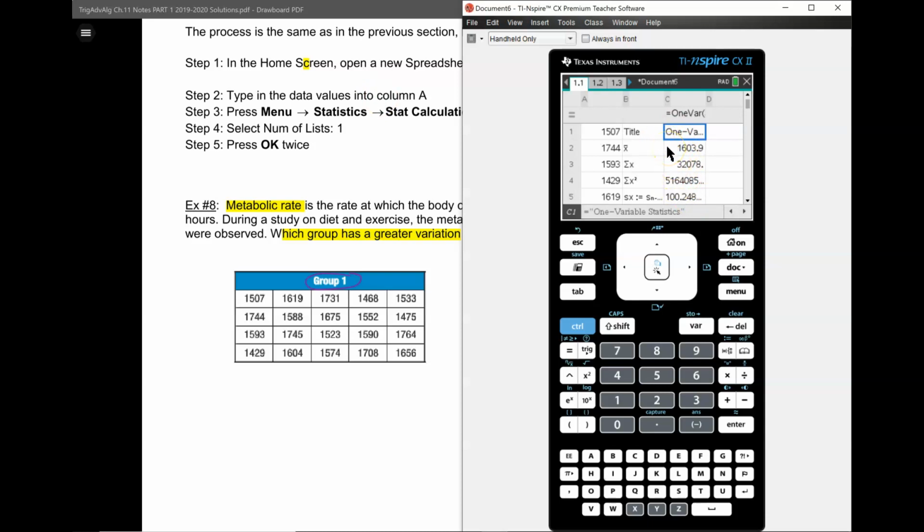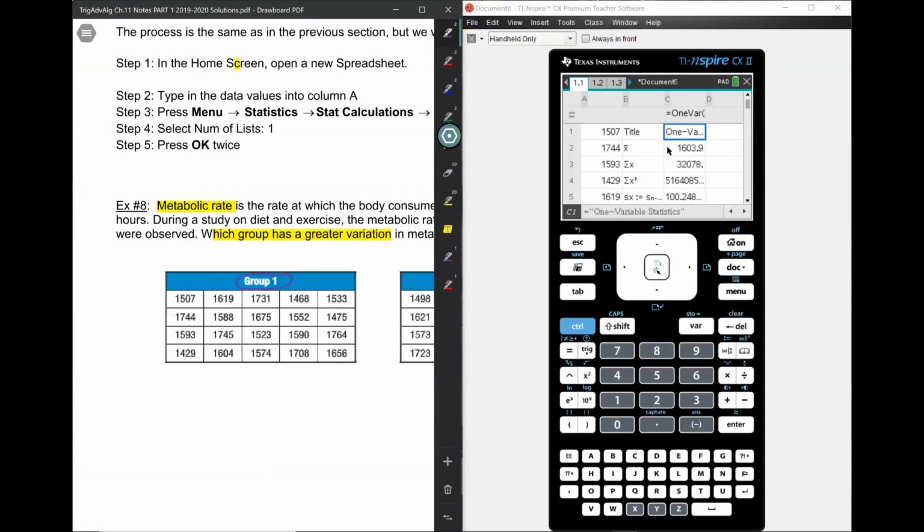From here, we're going to write down the mean. In this case, the mean is X bar, which is 1603.9. We're also going to write down the median, which is X tilde.